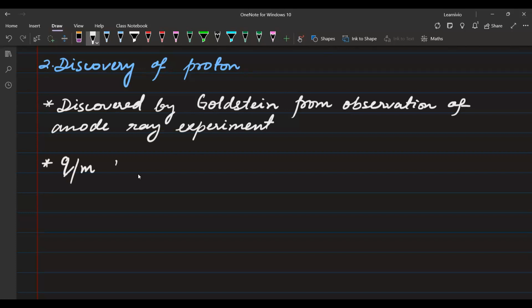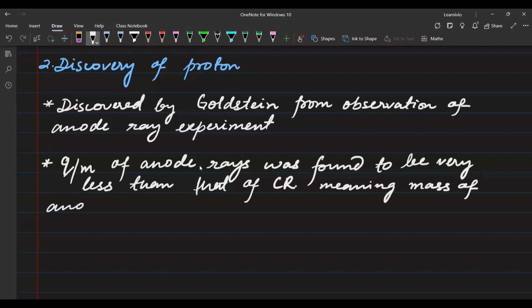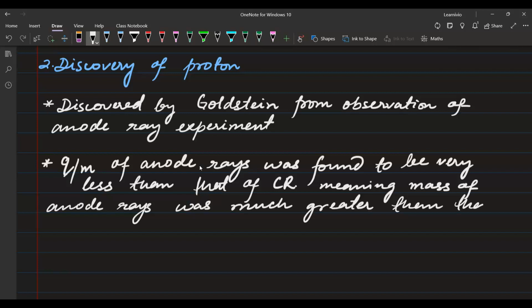The charge by mass ratio of anode rays was found to be very much less than that of cathode rays. Meaning the mass of anode rays was much greater than that of cathode rays. Okay, if this ratio is this, that means the mass would have been high.